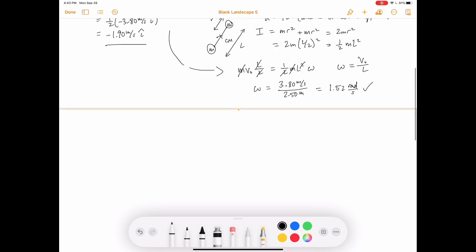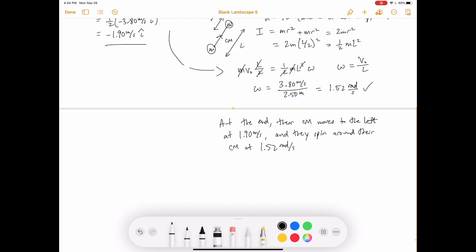So at the end, their center of mass moves to the left at 1.90 meters per second, and they spin around their center of mass at 1.52 radians per second. That's how you do this one.